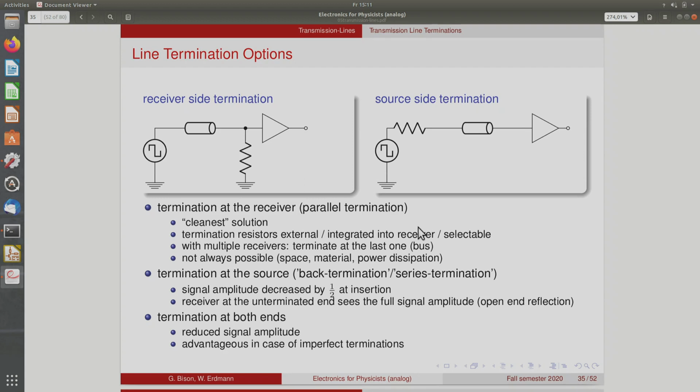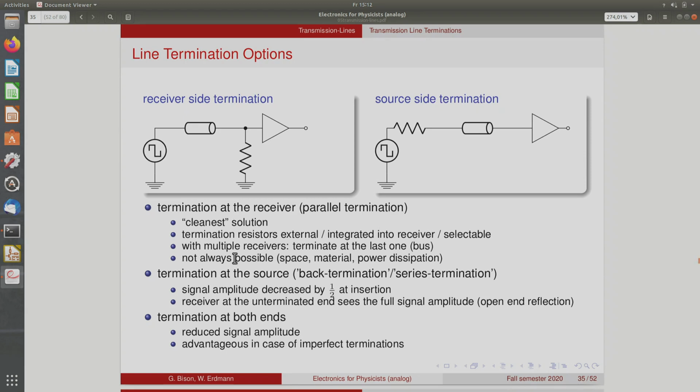If you look at your oscilloscope, there's often a button where you can switch on a 50 ohm resistor that is then added to your input, which is meant to do just that. So when you plug a coaxial cable into your oscilloscope, you have to turn on the 50 ohm resistor to give you a proper termination. Okay.